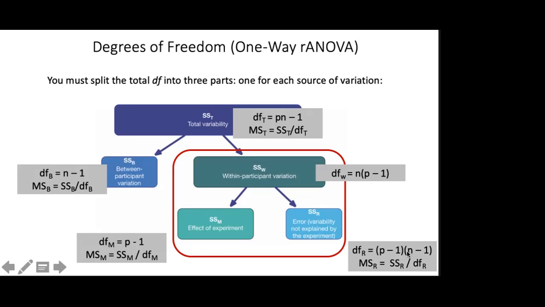And then the interaction is just the product of our between-subject variability and our model. Of course we are estimating both, the mean across the conditions, and we do that for each individual subject. That's why we're losing 1 degree of freedom for each factor, we can call it, or source of variation.